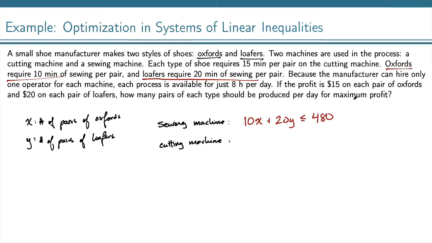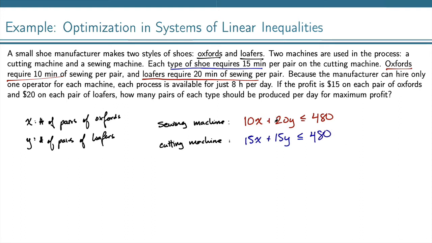Then I've got my cutting machine, and I know each type of shoe requires 15 minutes per pair. So that's going to be 15 times X plus 15 times Y, the total amount of time cutting. And the total amount of time cutting has to be less than or equal to, again, 8 hours, which is 480 minutes.